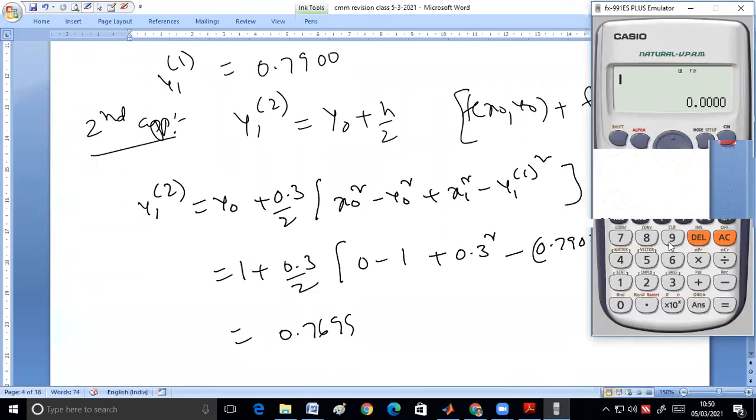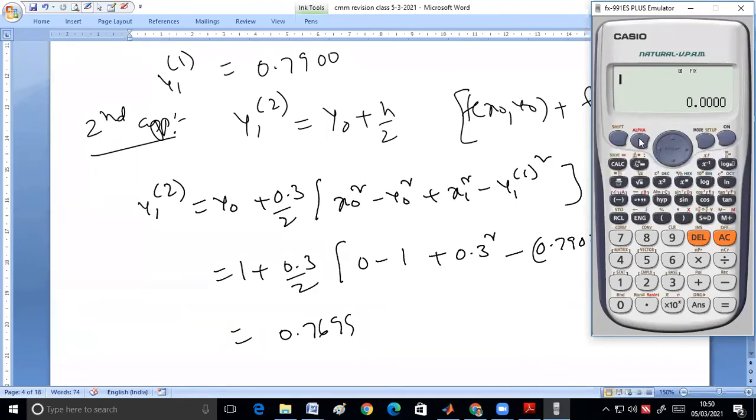In our calculator, I will use the formula. I will write shift L, alpha ln y equals to the formula. Alpha cal c equals to y naught, which is already fixed for each and every one, plus h by 2, where h is also fixed.